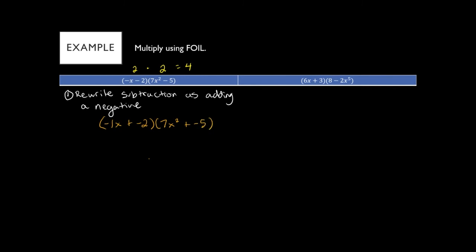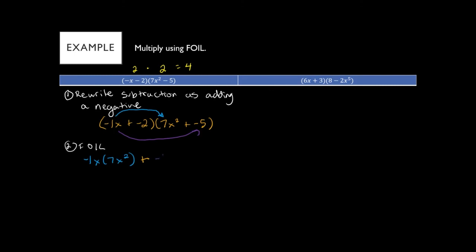And then step two is you're literally doing FOIL. I'm going to color code. The first terms I multiply together: negative 1x times 7x squared, plus. Then we're going to do the outside terms.